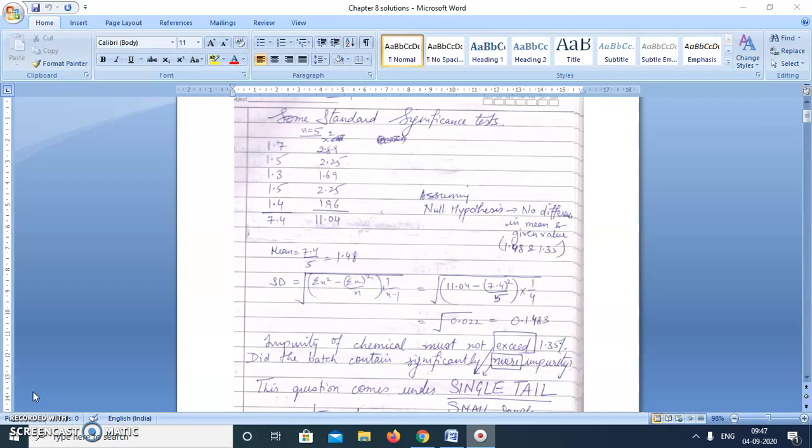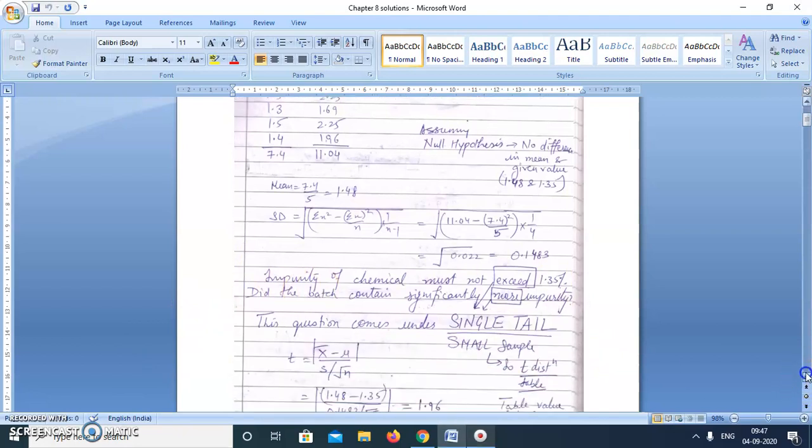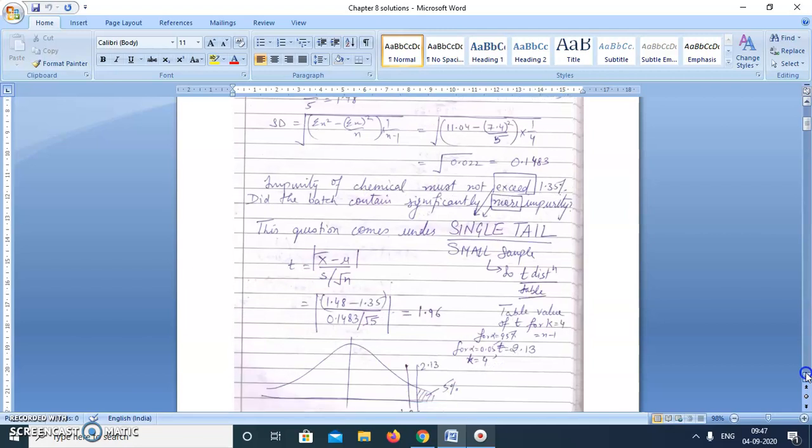In the first question, it is based on single mean, that is one population mean is given and 5 readings are given. And we have to calculate sample mean and sample standard deviation. Then we have to calculate the t statistic, and this problem comes under small sample and single tail. And why single tail?